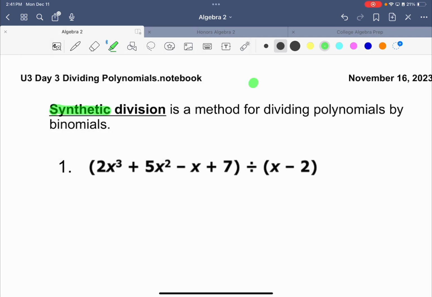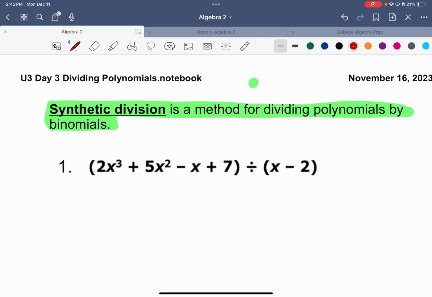Synthetic division is a method for dividing polynomials by binomials. So it's taking these longer things and dividing them by a binomial. Now, one thing about the binomial: synthetic division only works if your divisor is in the form x minus k.